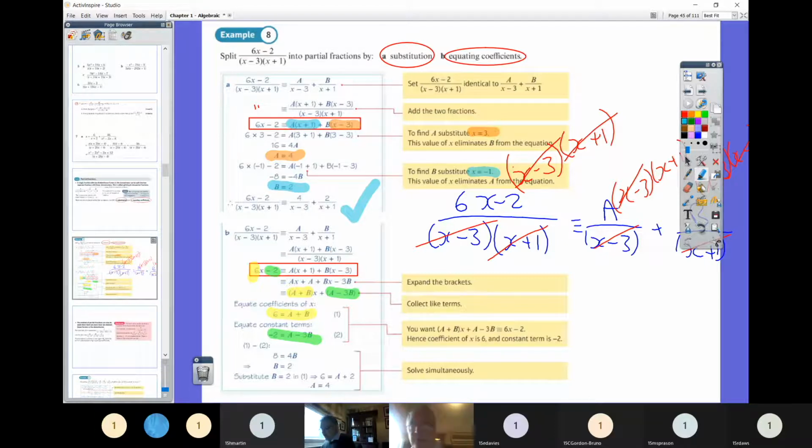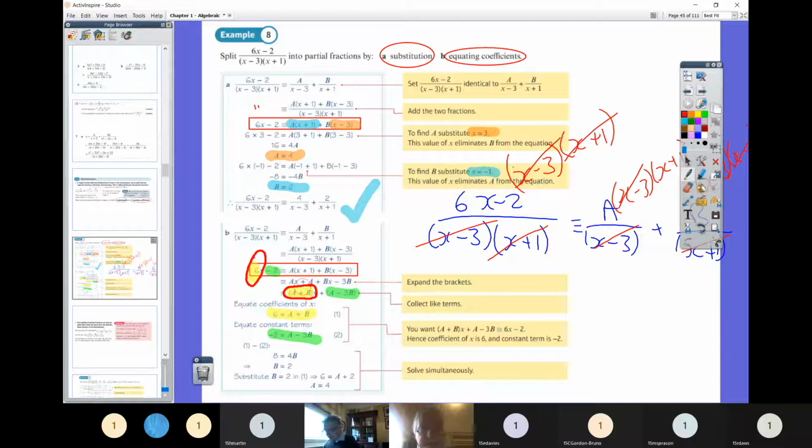Now we can go and equate coefficients. I don't know if you've come across this before. On the left-hand side, the number of x's is 6. So by definition, the number in front of the x in a plus b has got to equal 6.